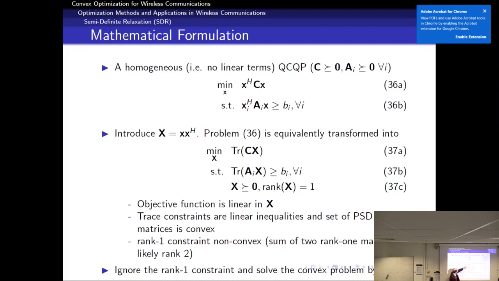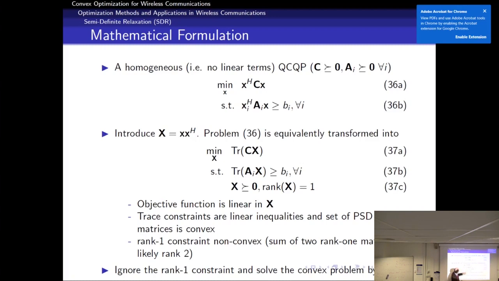So you have a quadratic objective function, a quadratic constraint. You transform this now into a linear objective function, because instead of having x and x Hermitian there, you now create a matrix X. You have linear in the entries of X here, but now you have a constraint on the semi-definite positiveness of X, right?